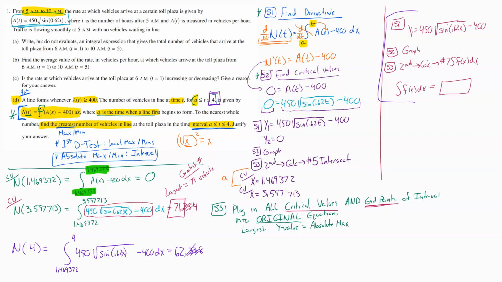And as we talk through where we would get points on a test question like this, you're going to get 1 point from being back here, finding that your derivative is set equal to 0, right? So that a of t, oops, no prime there. I'm not sure why I just drew that. I was just trying to grab this. So this right here is going to get us 1 point from putting that information down.